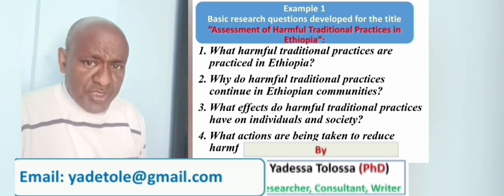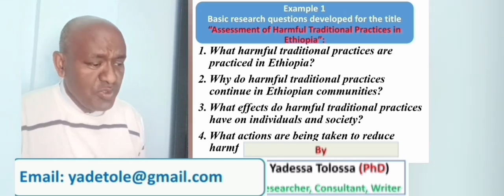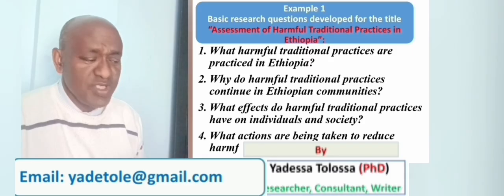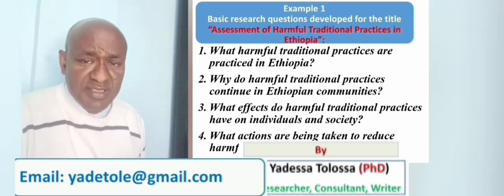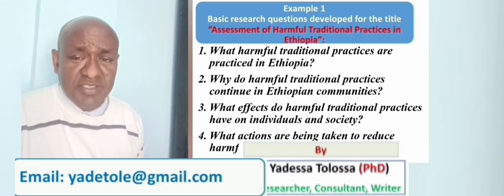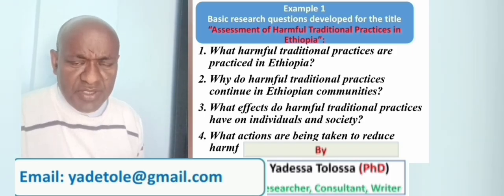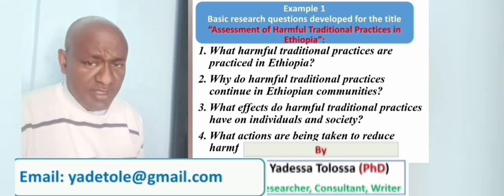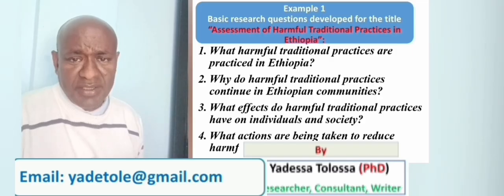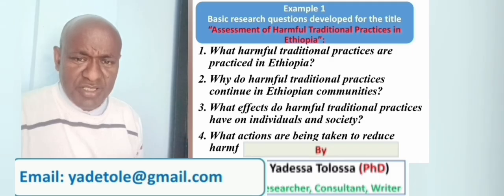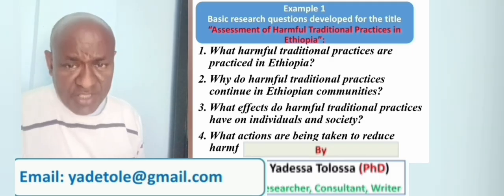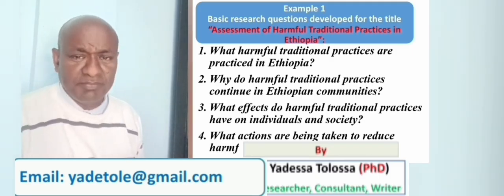The third question is, what effect do harmful traditional practices have on individuals and society? What are the impacts? What are the effects? To what level, by the way, when it is measurable. When it says harmful, to what level? In depth, or maybe it might not be in depth. Anyways, which ones are highly harmful? Because when you talk about harmful traditional practices, there are plenty of them.